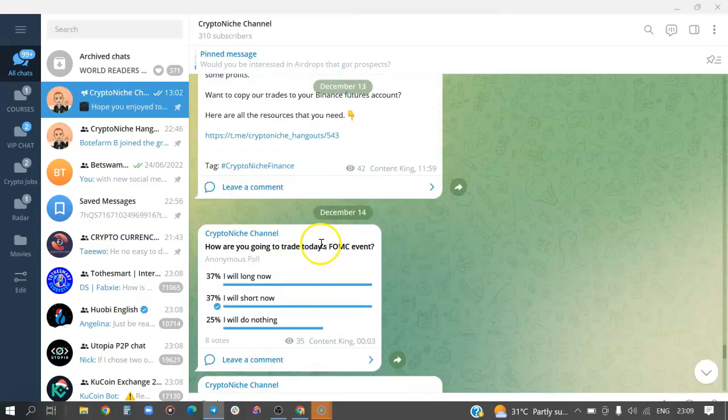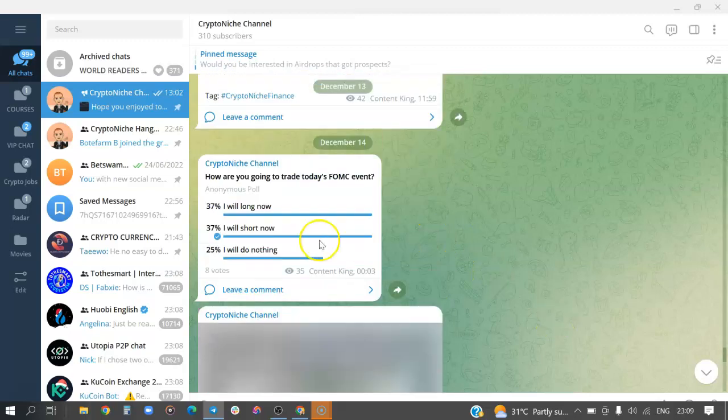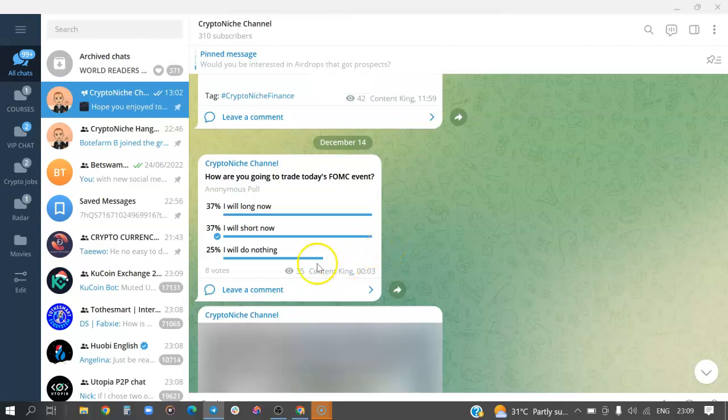So what this is saying is that you only have three positions in crypto. Some traders will say it is two, but I beg to disagree. I believe there are three positions: do nothing, long, and short.